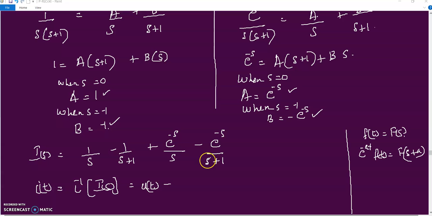Okay. Here we have the frequency shifting theorem. That is, if the Laplace transform of f(t) is F(s), then the Laplace transform of e raised to minus at into f(t) is F(s plus a). That is the frequency shifting theorem. Then the L inverse will be e raised to minus at into f(t), where a here is 1. So e raised to minus t into u(t).